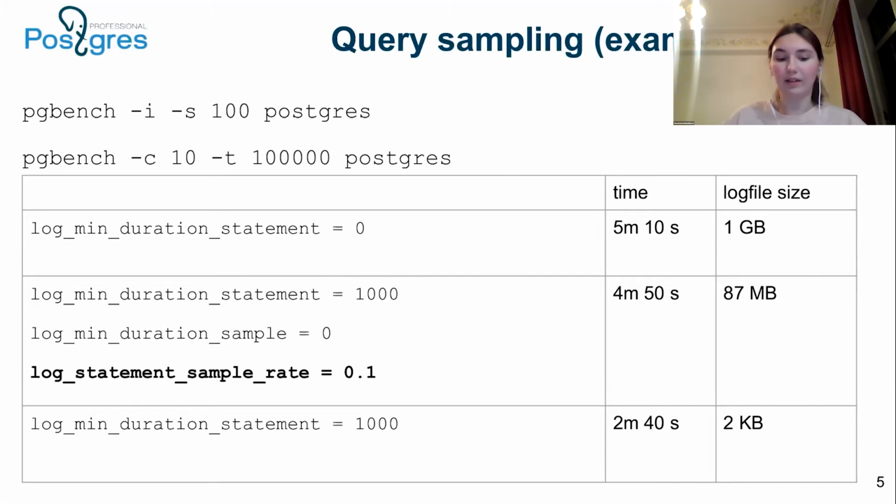You can see that sampling helps to make the log file approximately 10 times smaller. We can figure out that the majority of queries in this test take less than 1 second, and we can see it in the last row. If we only log long queries, the log file remains almost empty. So the difference introduced by this feature is significant.